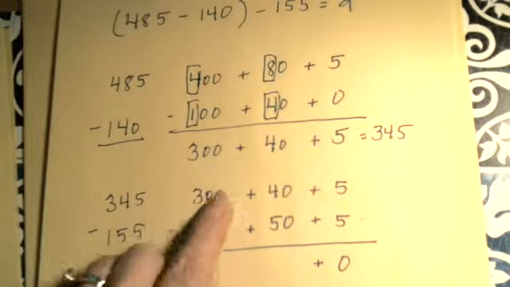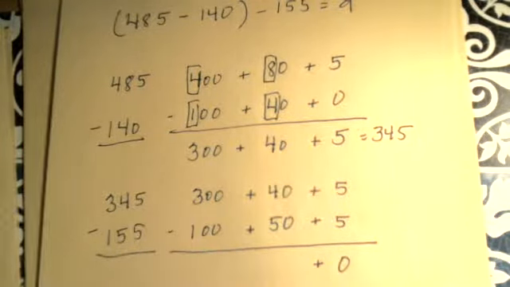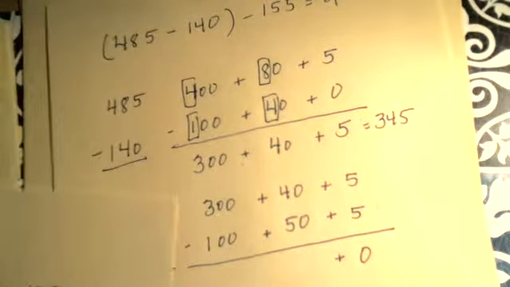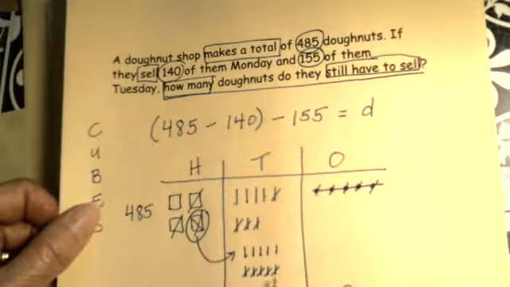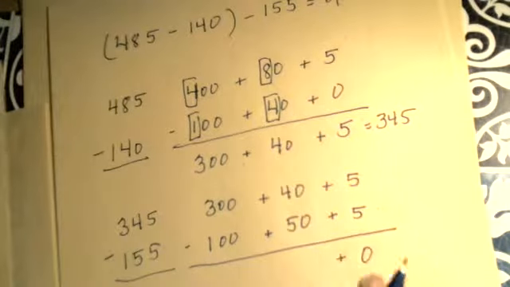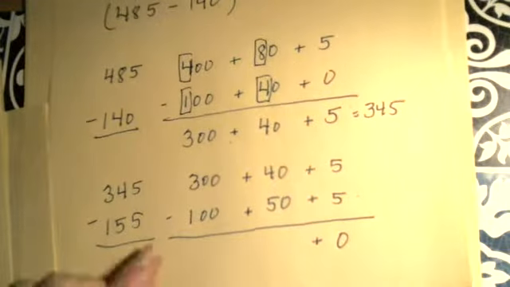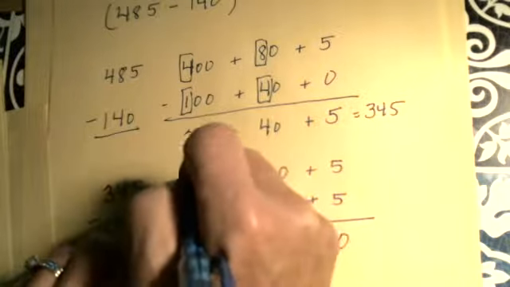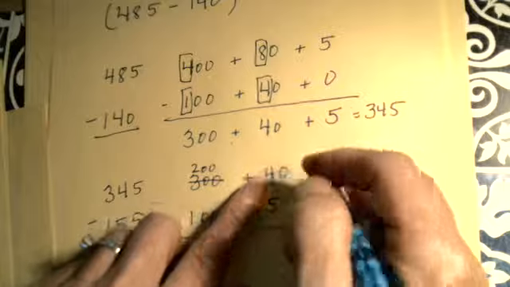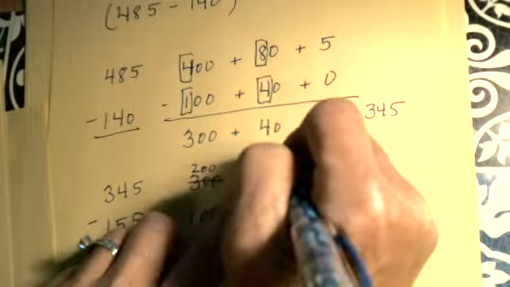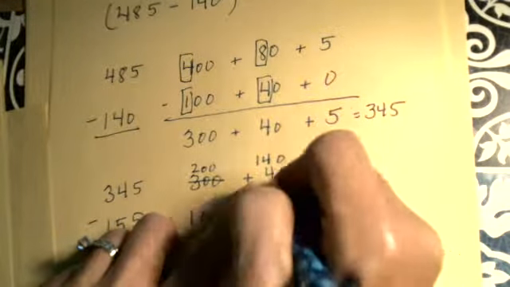Well, here's what I'll do. I'm going to go over to this 300, and just like I did, remember how I took that 100 and made it into 10 tens? Well, I'm going to do the same thing here. I'm going to take 100 from this. That means it's going to become a 200. I'm going to add that 100 here. This becomes 140. Okay?